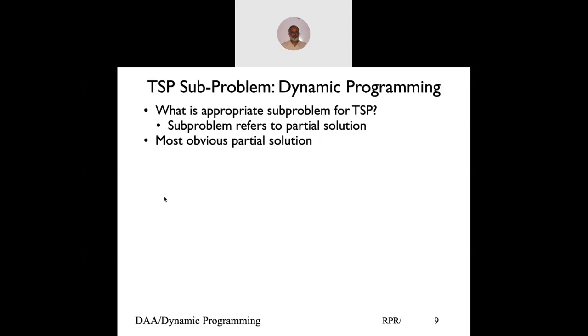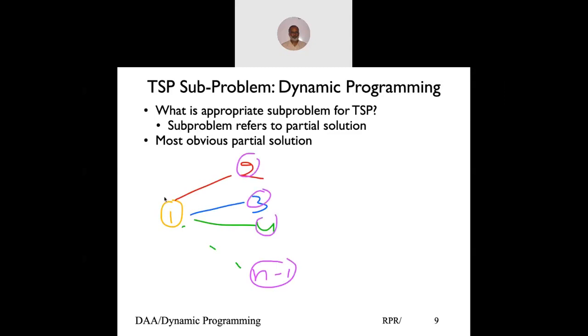So again, just to repeat, this is my vertex 1. From vertex 1, I can go to vertex 2, I can go to vertex 3, I can go to vertex 4, up to vertex n minus 1, and then from each of these vertices, visiting all other vertices, come back to 1.